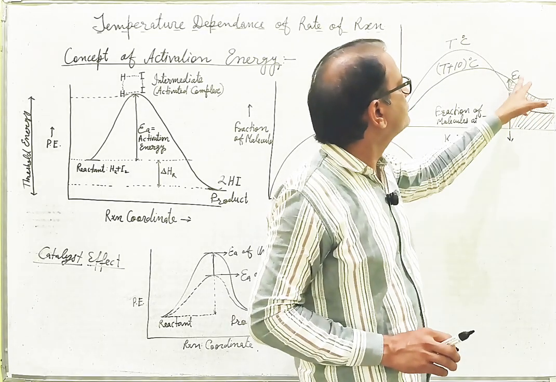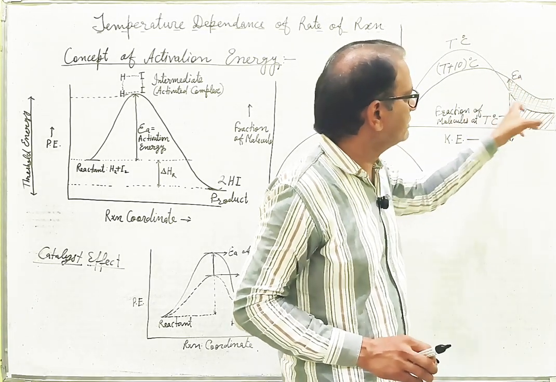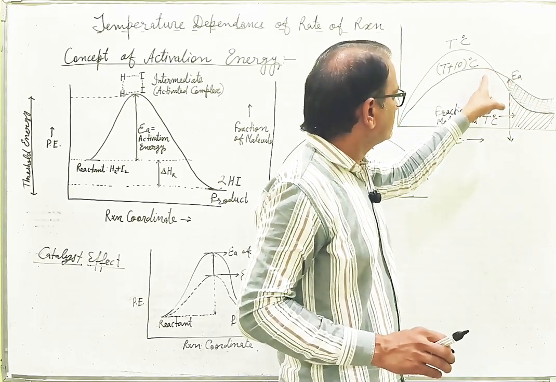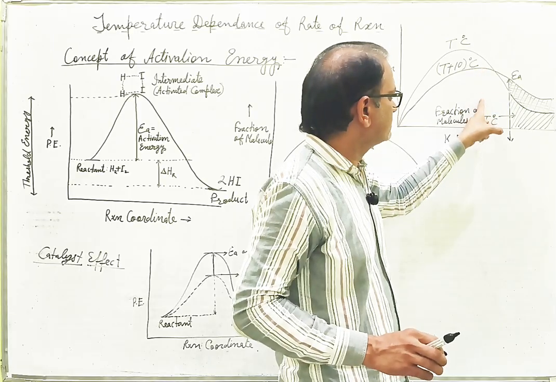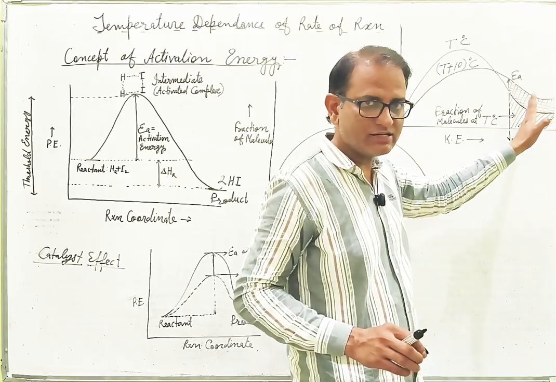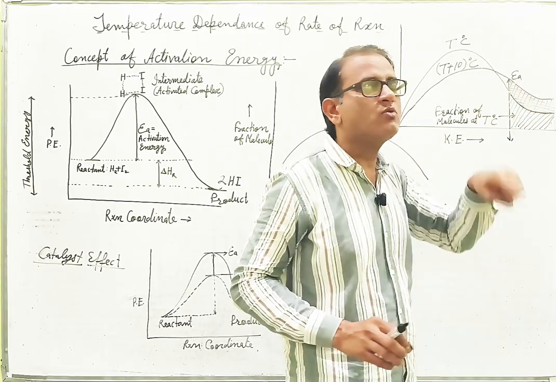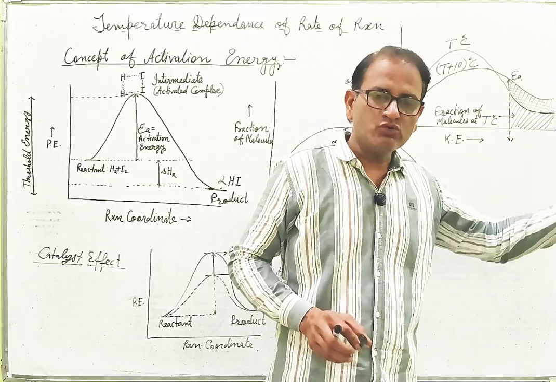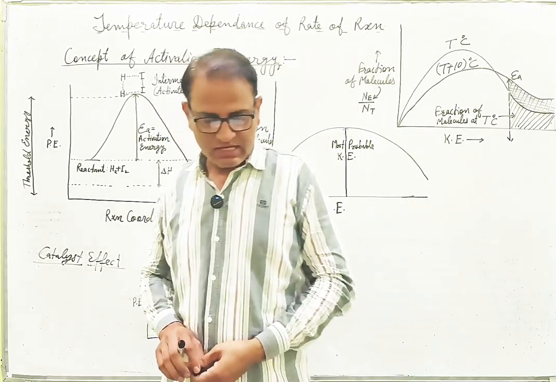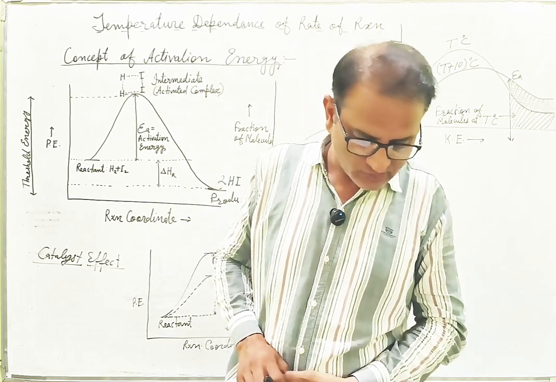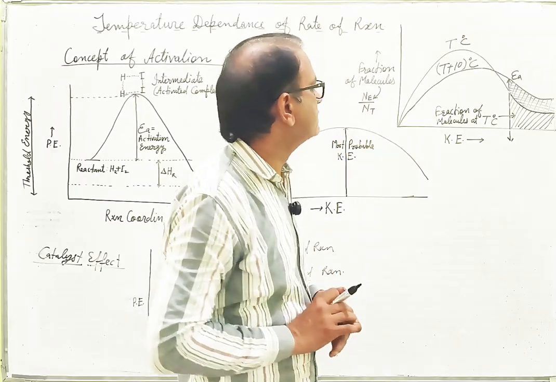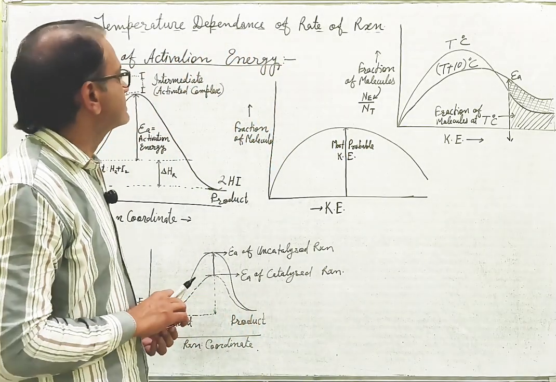Suppose if the activation energy is reached here, then of course the fraction of product molecules will be greater. Am I right? So this decides how much reactant will convert into product. This is the concept of activation energy, and on the basis of our Boltzmann distribution curve, we can understand these results.